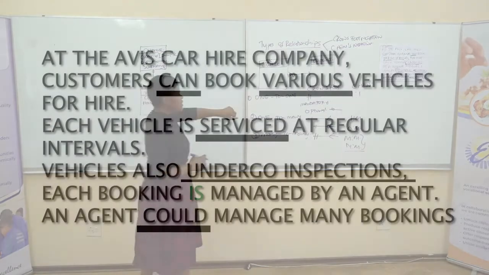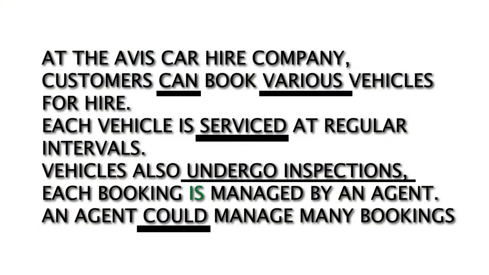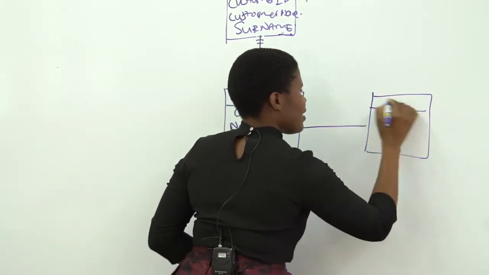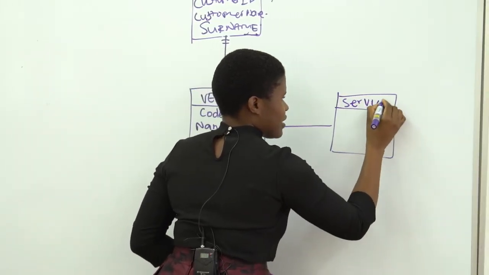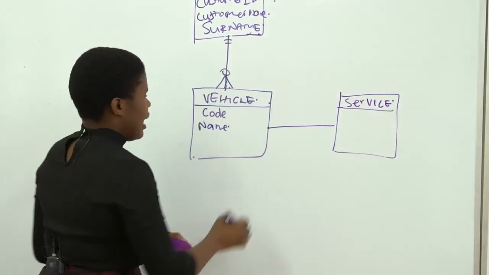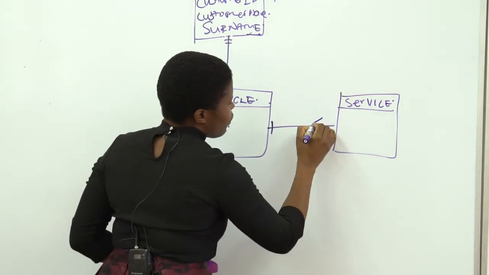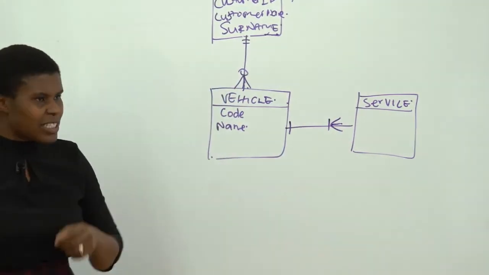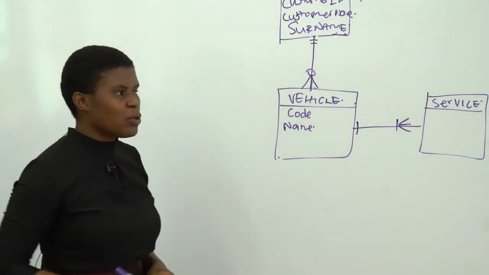We are moving forward. So each vehicle is serviced at regular intervals. This car must undergo service at regular intervals. It must go for a service, or else the cars are not going to last.